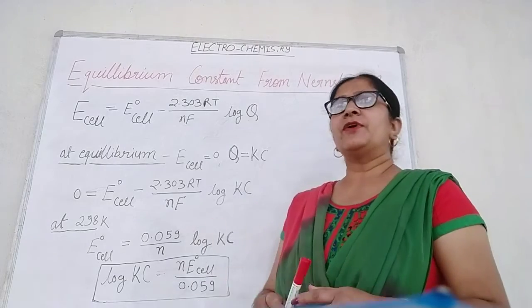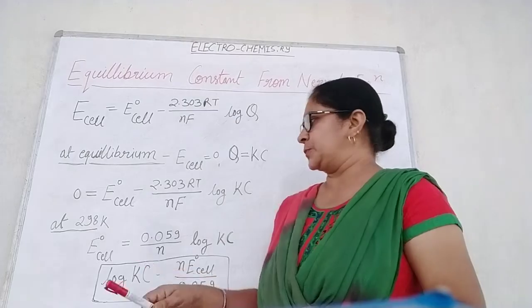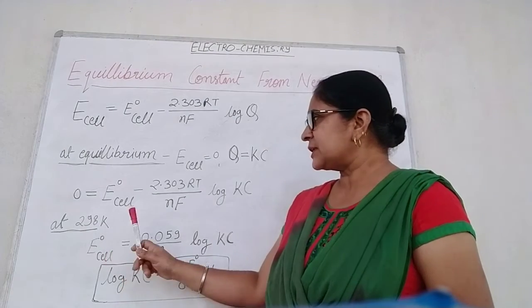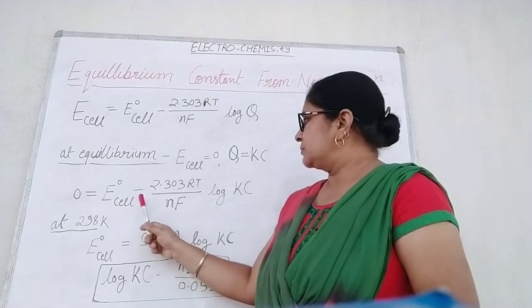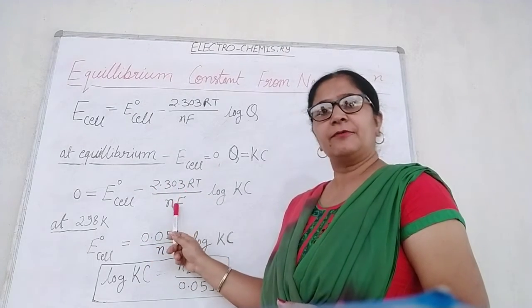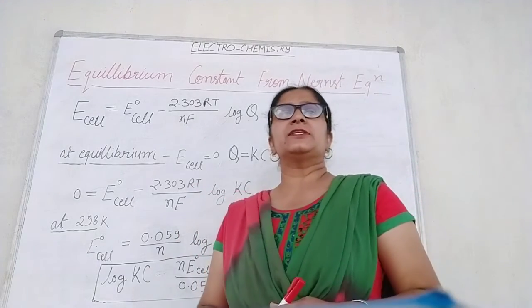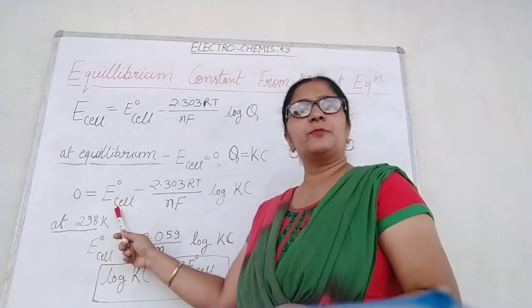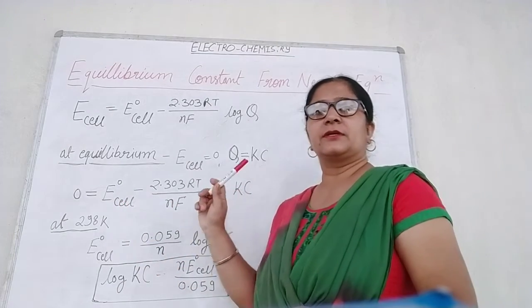Or we can say that standard cell potential is equal to 2.303 RT by nF log Kc. So, this is the relation between standard cell potential and equilibrium constant.